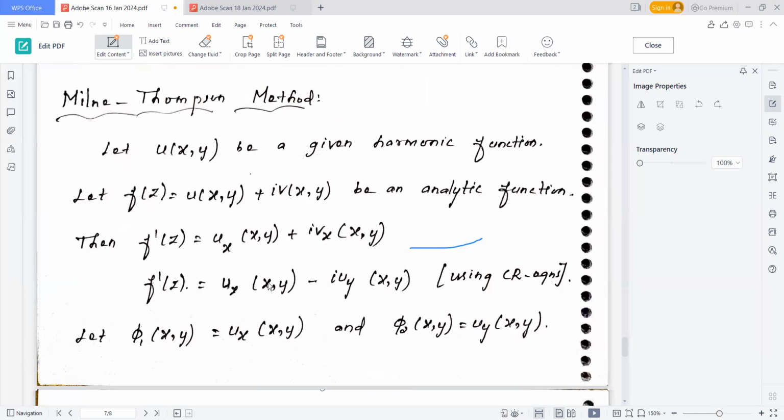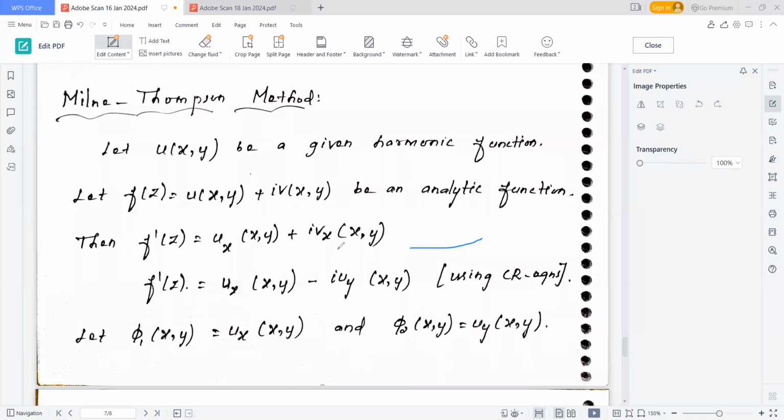they will give the real part or imaginary part of an analytic function. First, we need to check whether the given function is analytic, and then write f of z as u of x comma y plus i into v of x comma y, and then take the derivative using the formula, we get ux plus ivx.